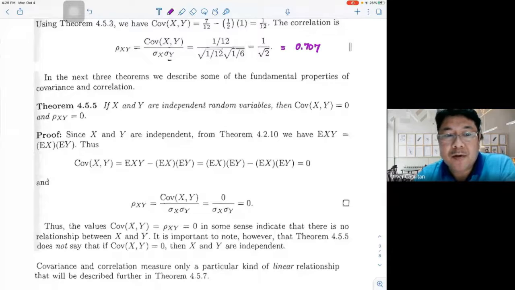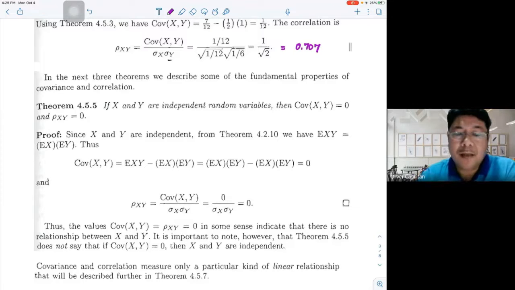Theorem 4.5.5: if x and y are independent random variables, then the covariance of x and y will be 0 and the correlation coefficient will also be equal to 0. This is not a biconditional statement. So if x and y are independent, it implies that the covariance of x and y is 0, as well as the correlation coefficient.